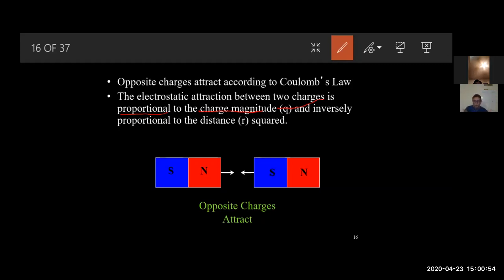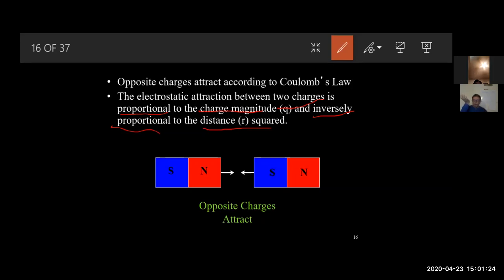So what that first part says is, if I increase the magnitude, the intensity of the charge, my force is going to increase correspondingly. The second part says that it is inversely proportional to the square of the distance. Well, let's attack inversely proportional. That simply put means that when one variable goes up, the other variable drops.